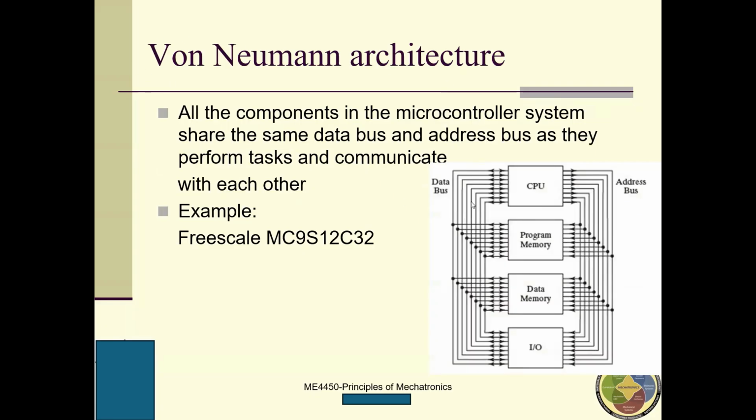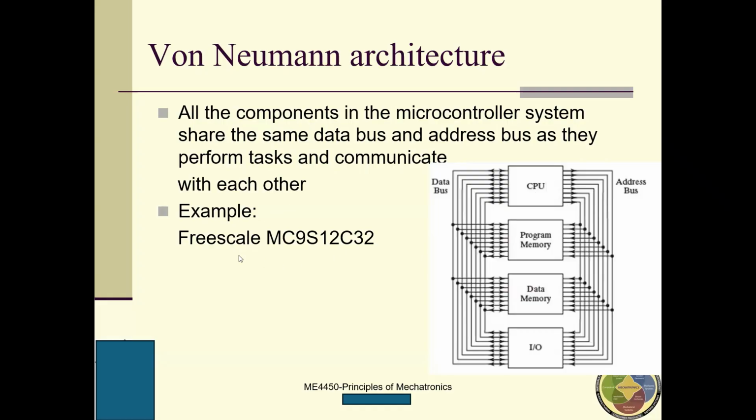In the von Neumann architecture, all the components in the microcontroller system are sharing the same data bus and address bus as they perform tasks and communicate with each other.